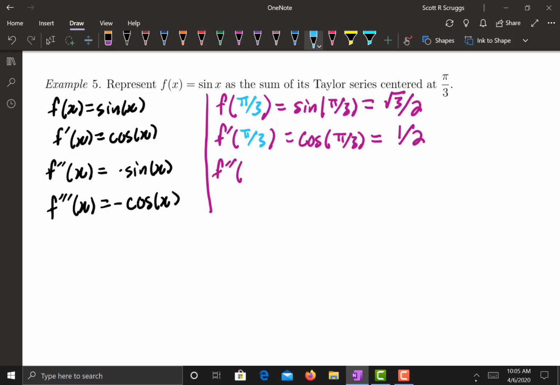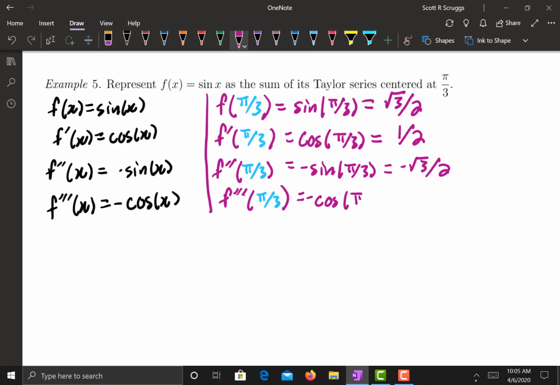Second derivative at pi over 3, that's negative sine at pi over 3, so negative root 3 over 2, and then the third derivative at pi over 3, that's negative cosine at pi over 3, so negative 1/2. And I'm not going any further because we know that our fourth derivative just gives me back the sine.